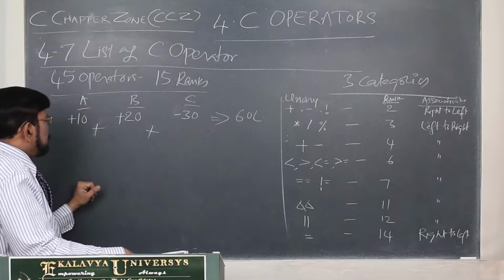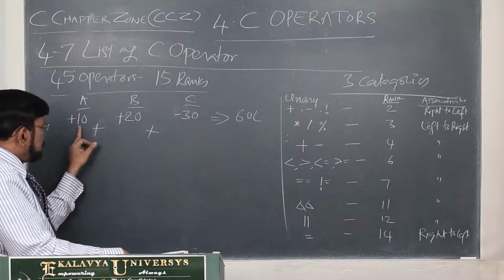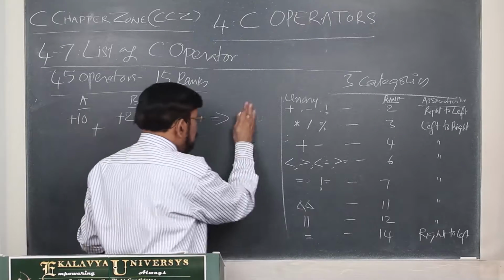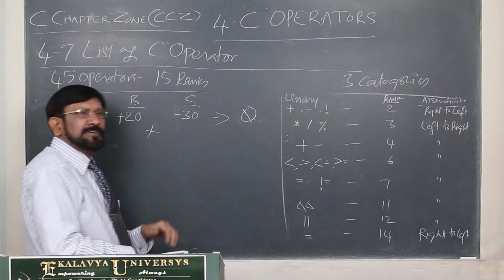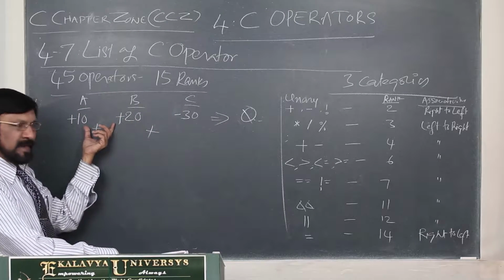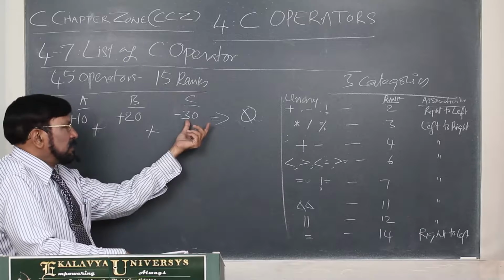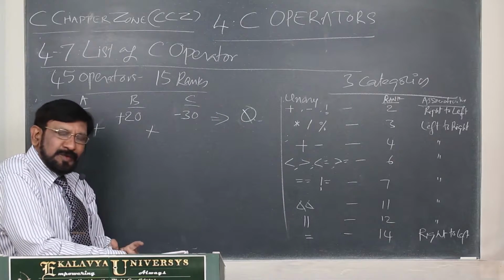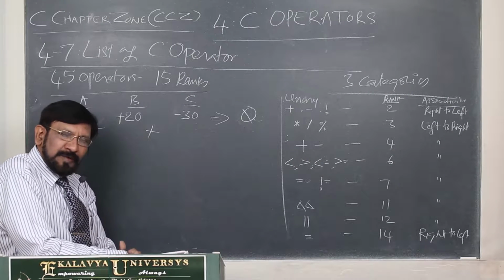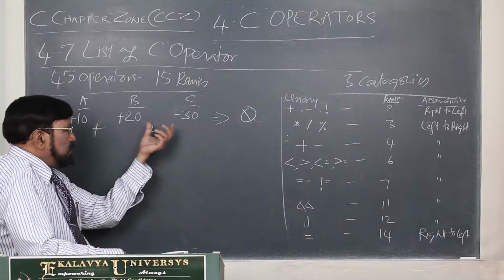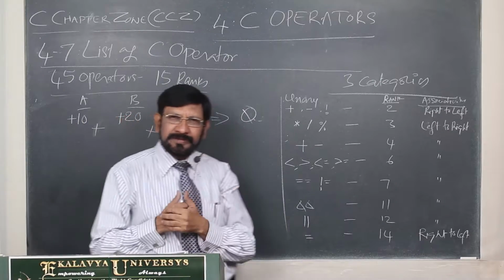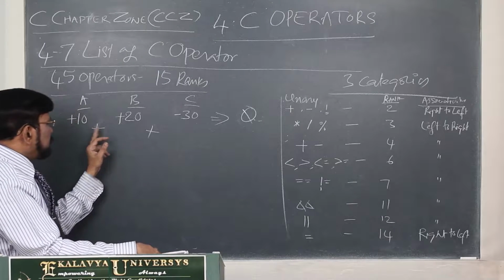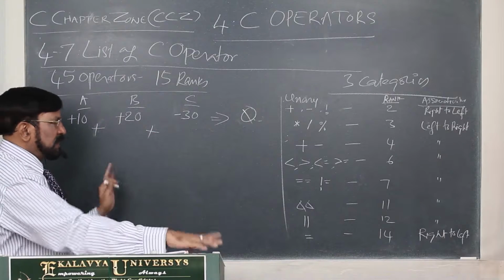Then what is his net worth? First we decide this is plus, this is plus, this is minus. Net worth is 0: 30 lakhs of properties and 30 lakhs of liability. So we can conclude that whenever we consider plus and minus, first we give priority to the unary sign, thereafter we perform the binary operation.